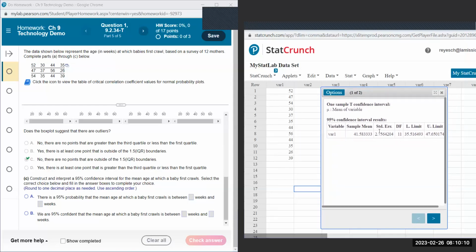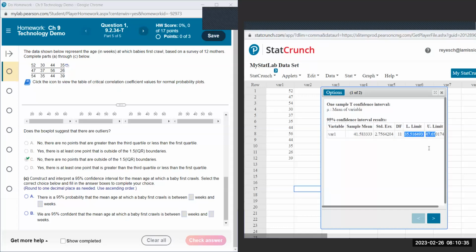Okay, so for these 12 babies, the average weeks that it took them to first crawl was 41.5. So about 10 months old, give or take. Is that 10 months the average for all babies? No, but we're confident that it's between this lower limit and this upper limit. So here's a little window based on that measurement from the sample.